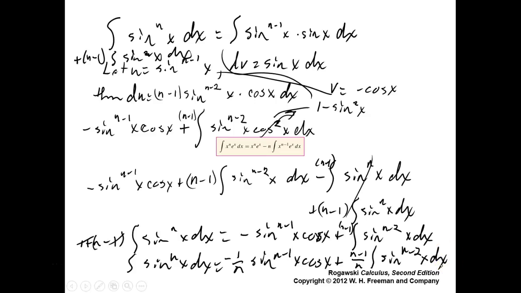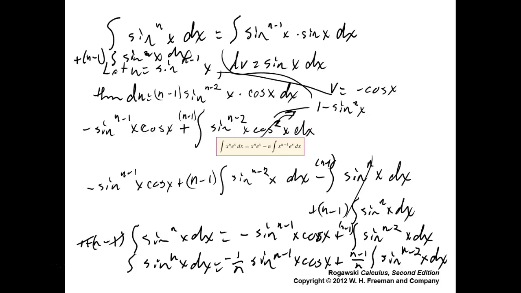Okay, so this now is your recursive relationship that you see near the top of the page. It's not in your book, I don't think, is it? No. Okay. So here's what you get. This integral here is minus 1 over n times sine to the n minus 1 x cosine x plus n minus 1 over n times the integral of sine to the n minus 2 x dx.